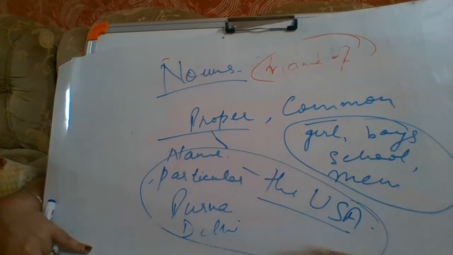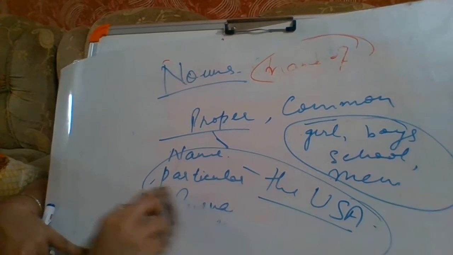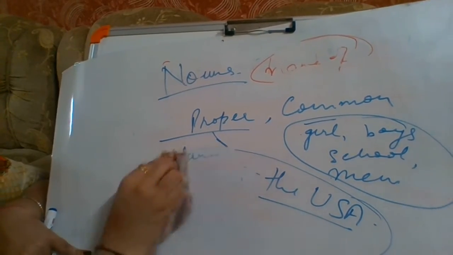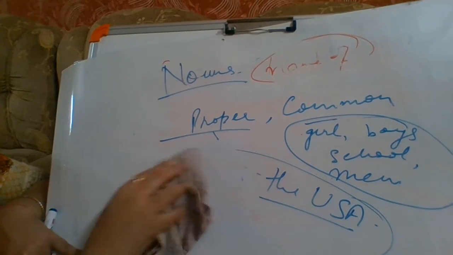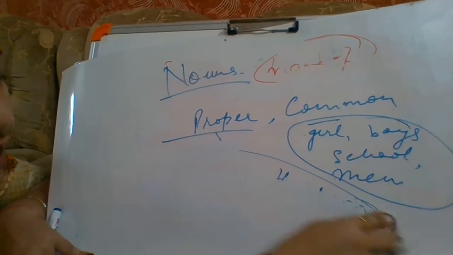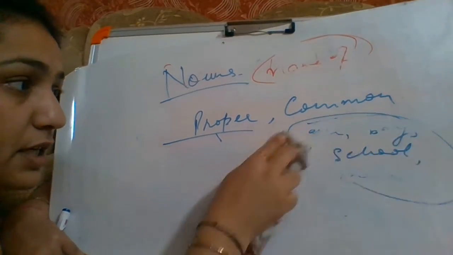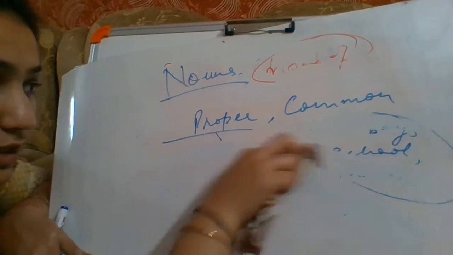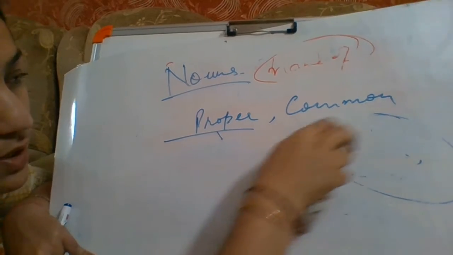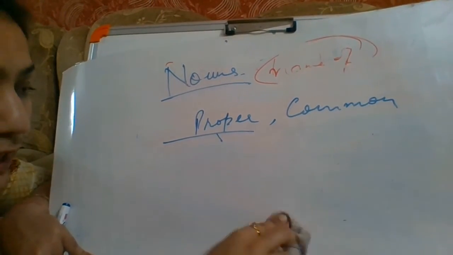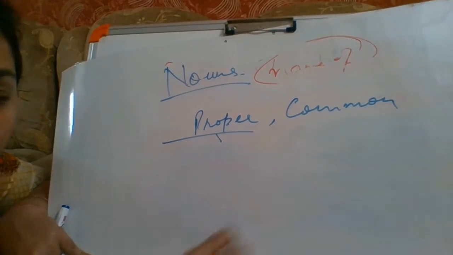Basically, nouns are of two forms, but we must have listened that there are collective nouns, and countable and non-countable nouns. That categorization comes under the common noun category.